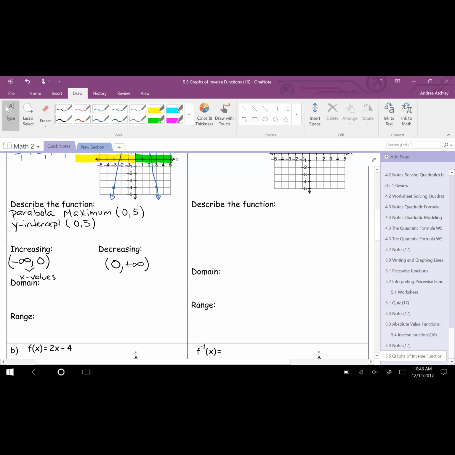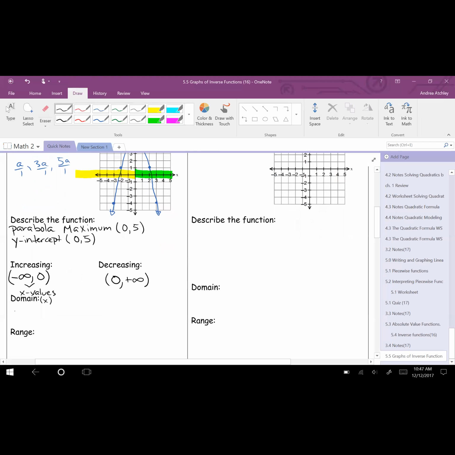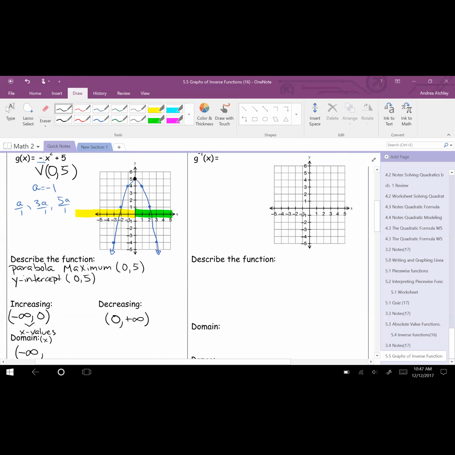Okay, so the domain again is my x values. So I look at my parabola. How far to the left will my parabola go? If it keeps going down forever, it'll go to negative infinity. So domain is from negative infinity. How far to the right will my parabola go? Very good. It will go on forever.